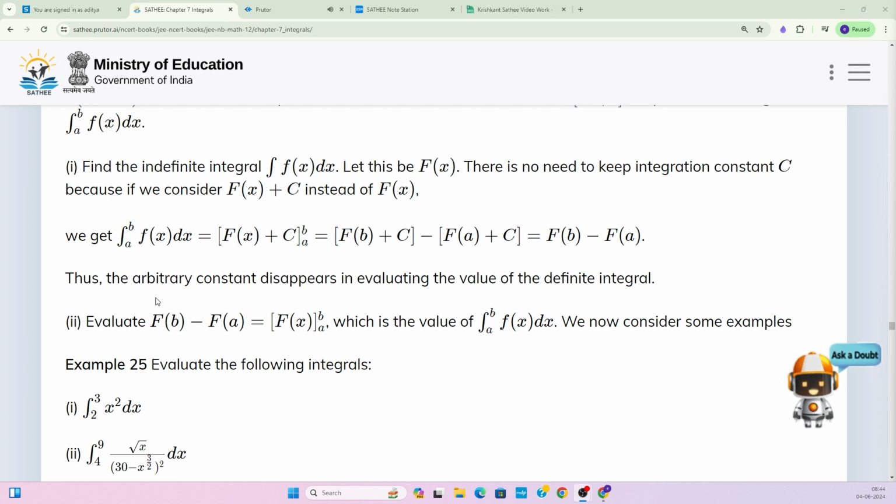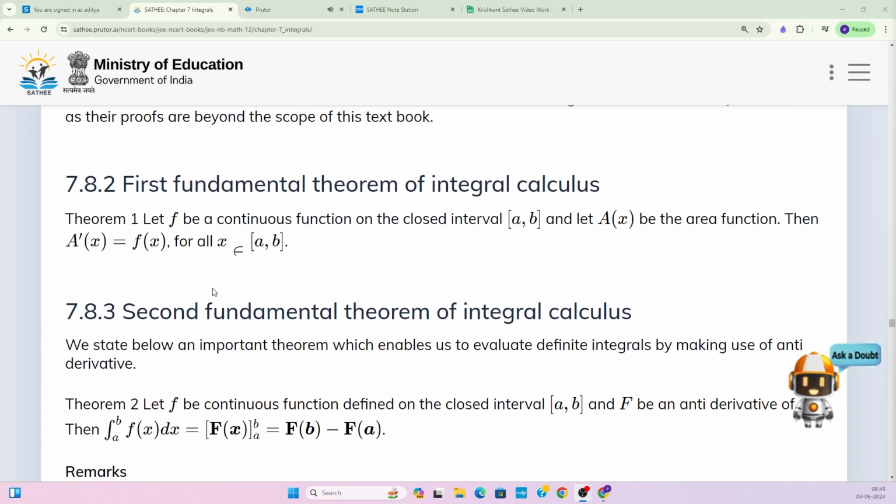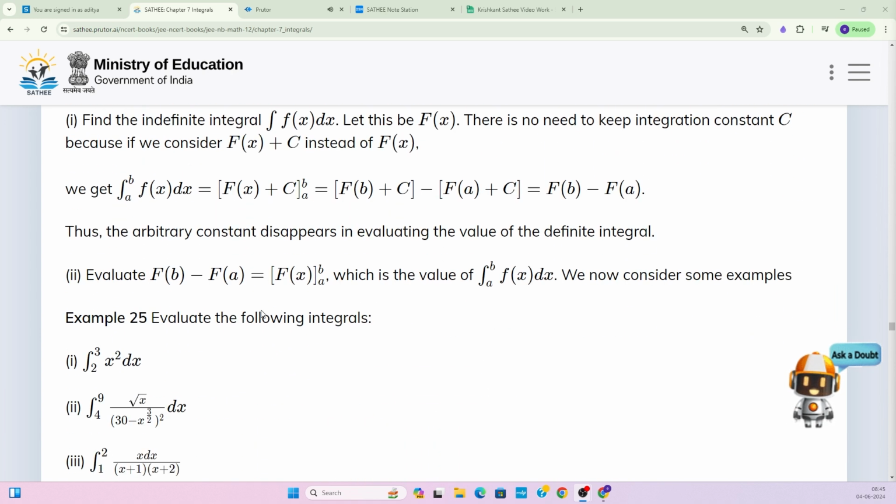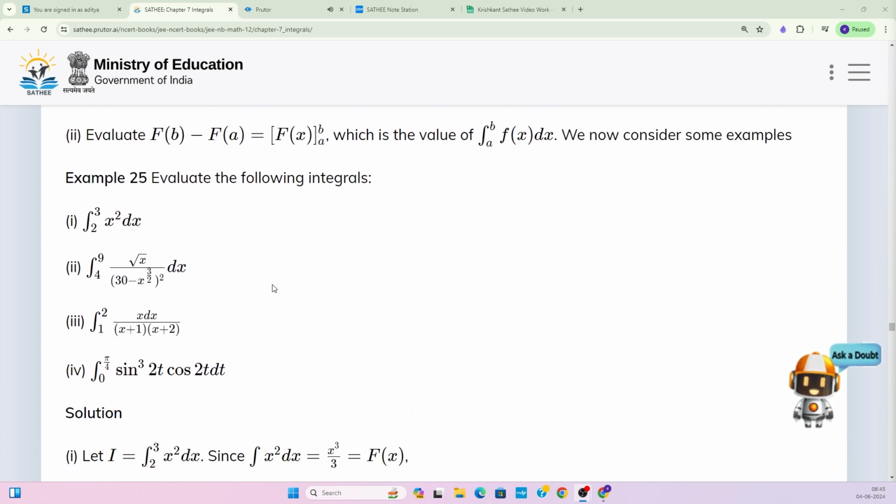From them you can see how we are going to apply our theorems, how we are going to use the fundamental theorem of integral calculus, first and second. Clear? Okay.